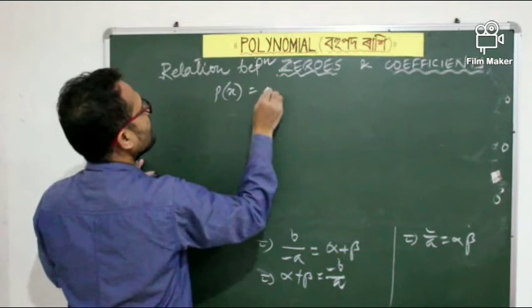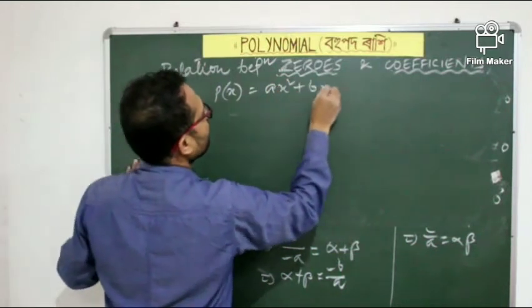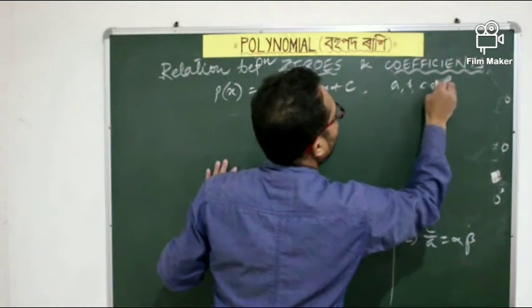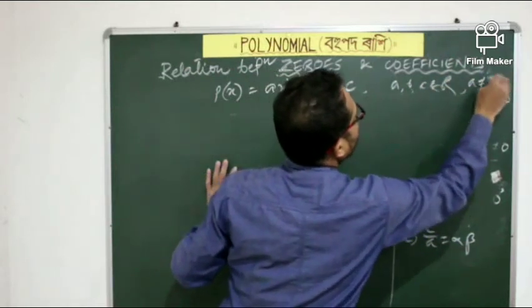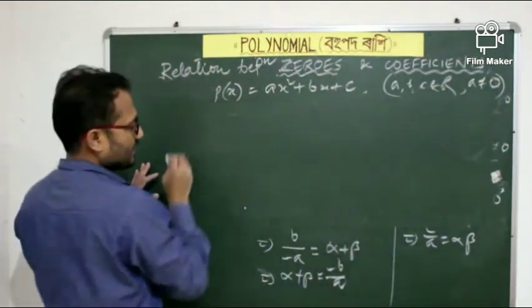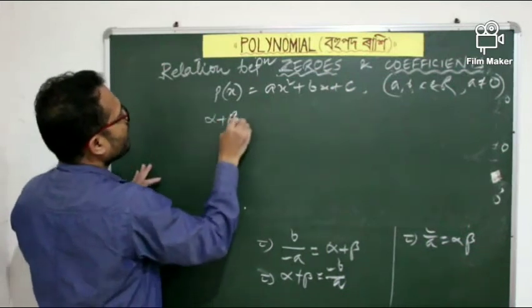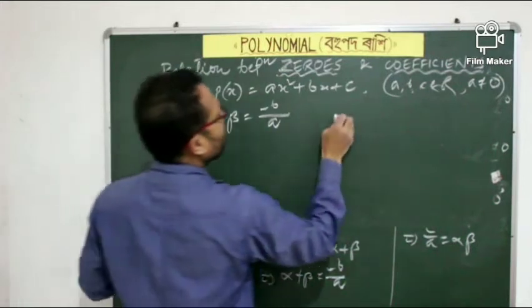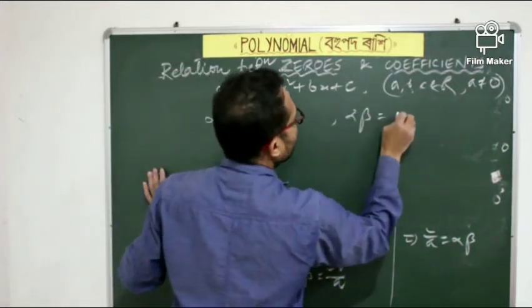If the polynomial is ax squared plus bx plus c, where a, b, c belong to R and a is non-zero, then alpha plus beta equals minus b by a and alpha beta equals c by a.